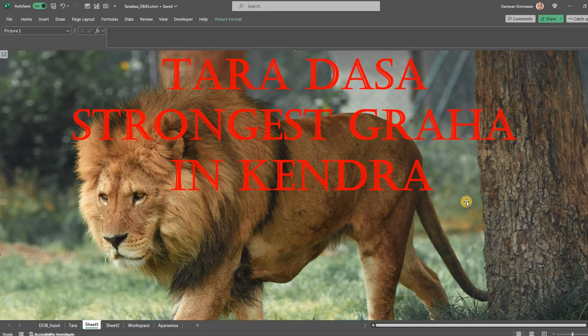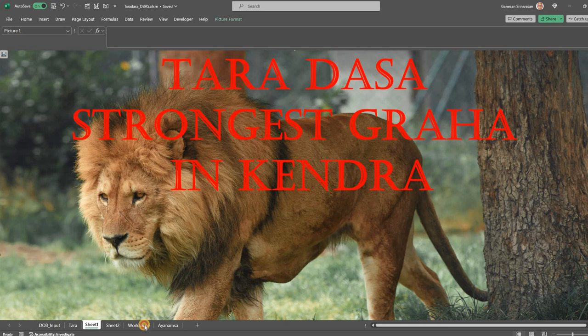The power of the horoscope in Kendras brings this Dasha system into work. See, for instance, Vimshottari is based upon Surya being the Nakshatra Lord of Kritika. If instead of Surya being the Nakshatra Lord, you map Kritika to some other Graha, then we get different Tara Dashas.